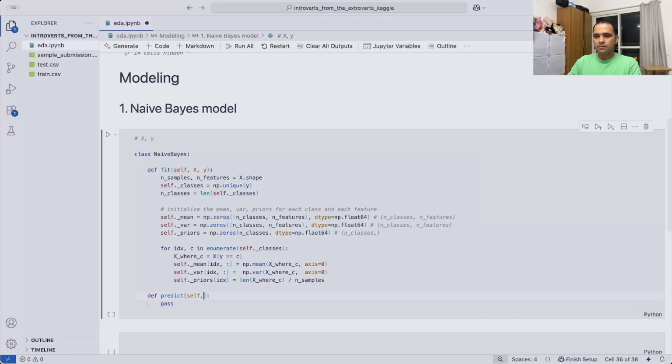So to predict, we pass in input x. X is multi-sample inputs coming in.